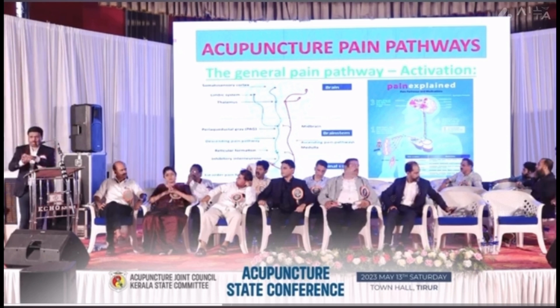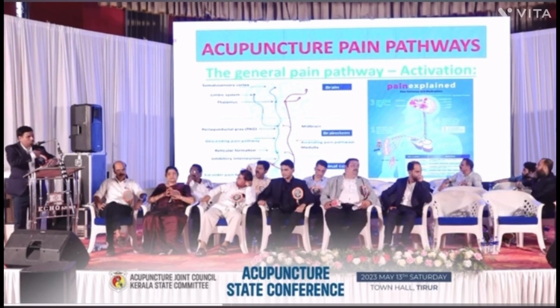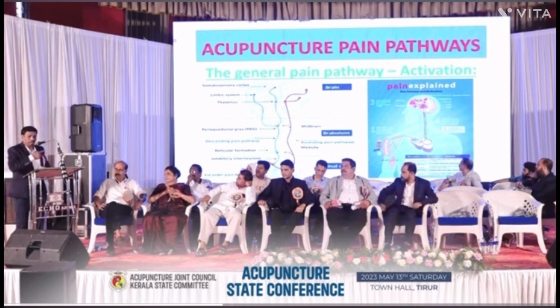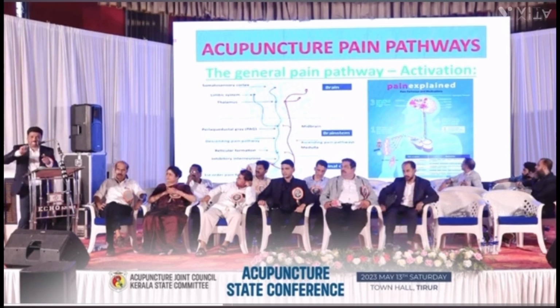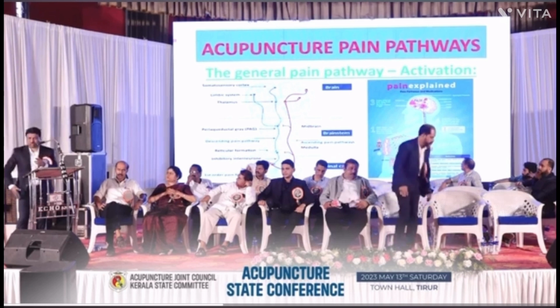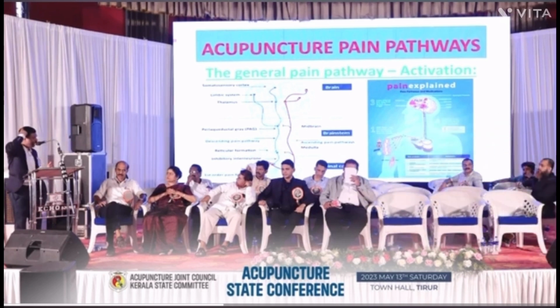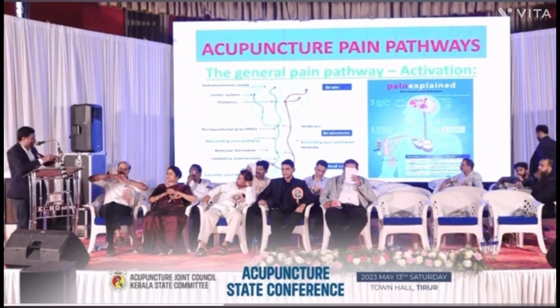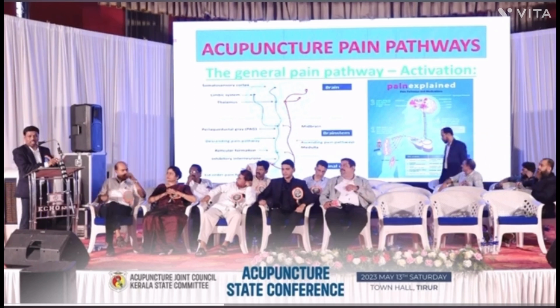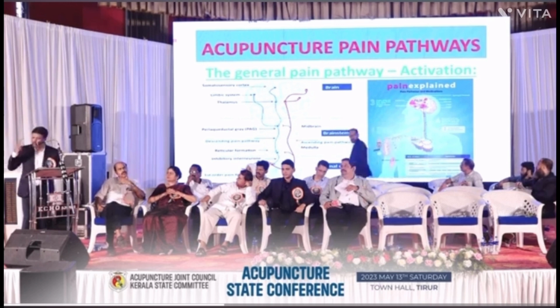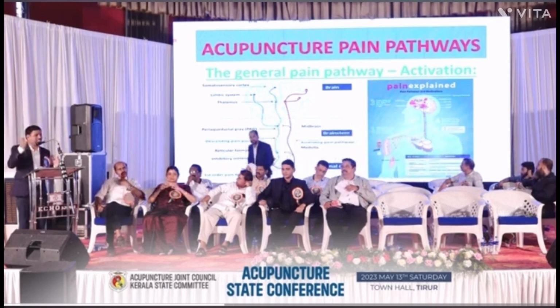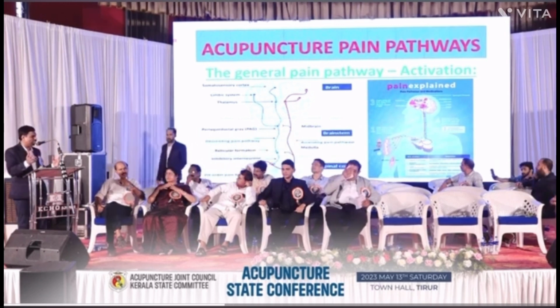Once you insert the needle somewhere, the energy moves to the spine. From the spine, it crosses the commissure of the spine. It goes to the other part of the brain, to the somatosensory cortex. From here, you get the signal that you are having the pain here. Therefore, when we want to apply any points, for example, if knee pain is there on the right side, knee pain.